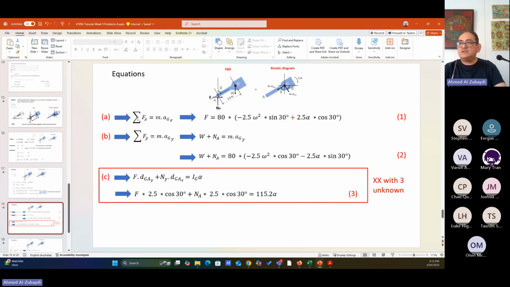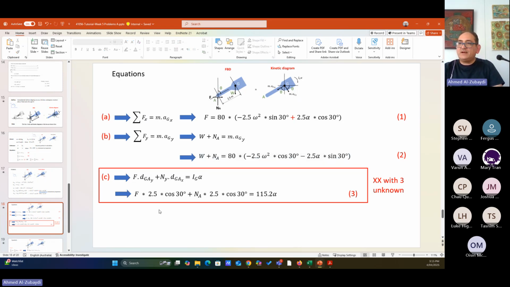We're going to do the sum of the forces in the x and the y, on both the free body diagram and the kinetic diagram. So we got some relation between them. Actually, we can solve for this one and get the answer because we have sine and cosine, and then we can finalize the equation to be in terms of the alpha and the omega.